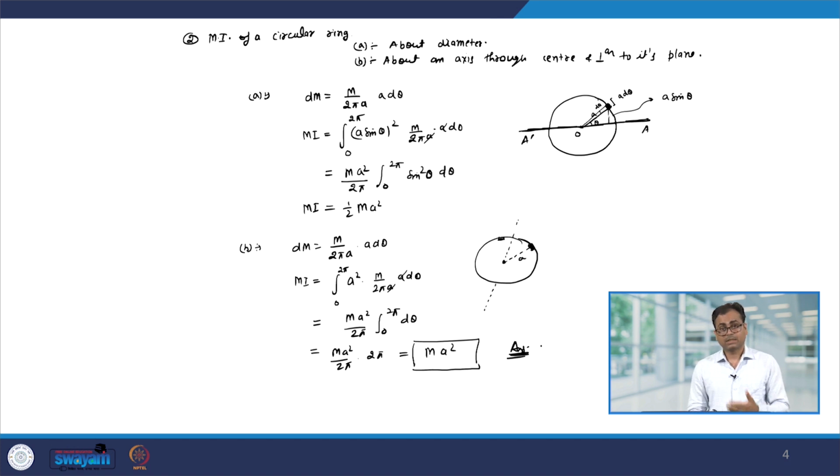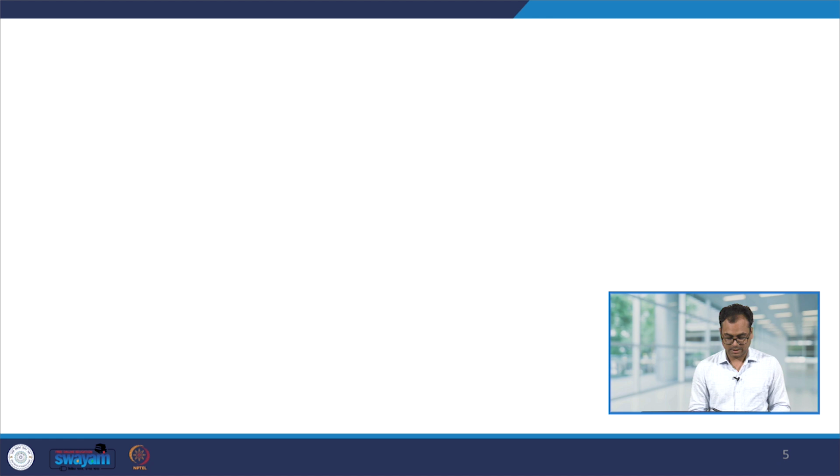Similarly, the moment of inertia of other standard objects can be calculated. I am not calculating it now, but I am writing down the end results.